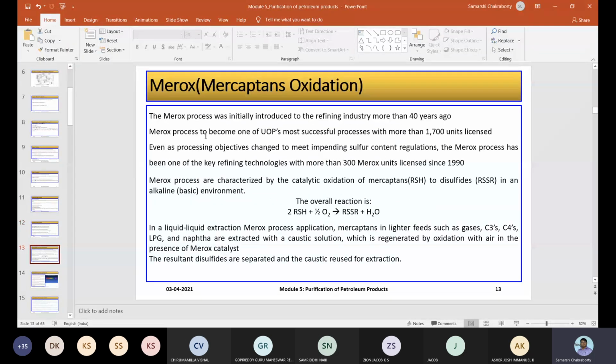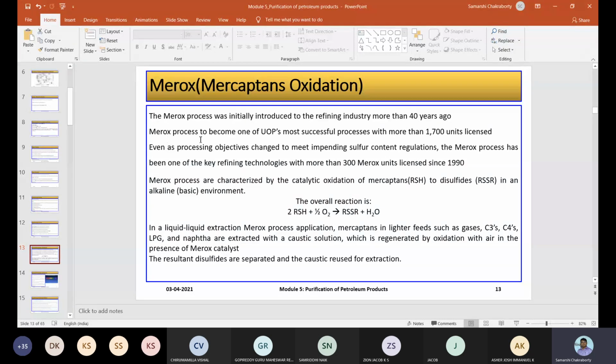Coming on to one of the main sulfur treatments, that is Merox oxidation, or we can also call it mercaptan oxidation. Merox oxidation was initially introduced in petroleum refineries more than 40 years back.